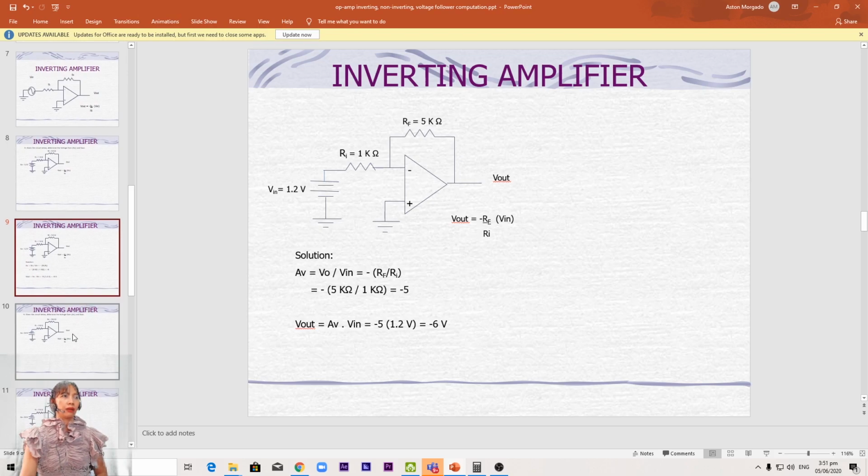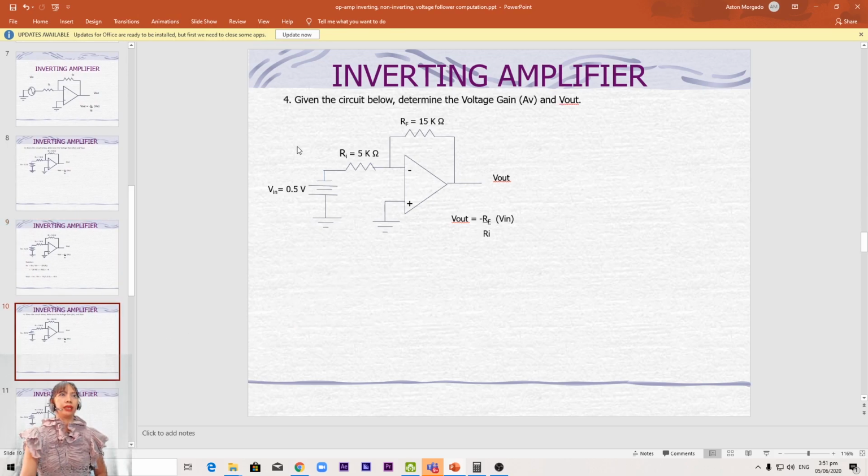Next, we have the next example. Given the circuit below, determine voltage gain AV and V out. We have RF 15K, RI of 5K, and this time an input voltage of 0.5. Take note that the polarity of the battery is now reversed. The negative is now connected to the inverting input, whereas the positive is connected to the ground.